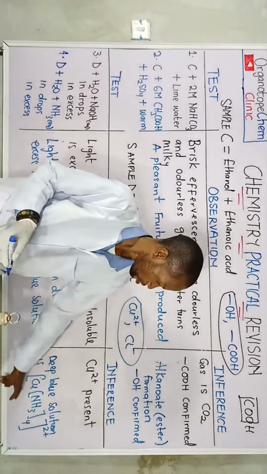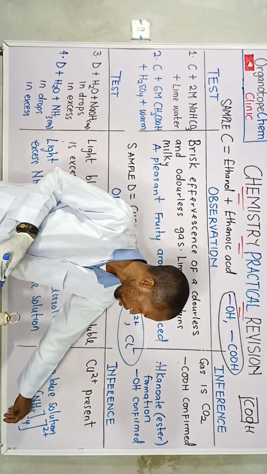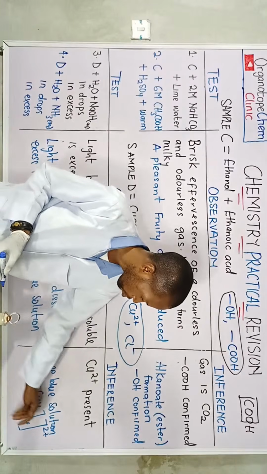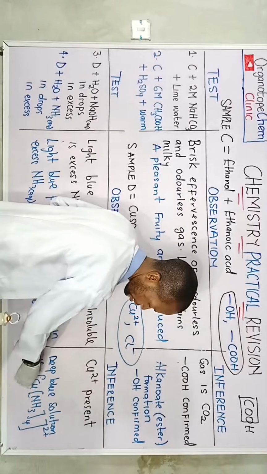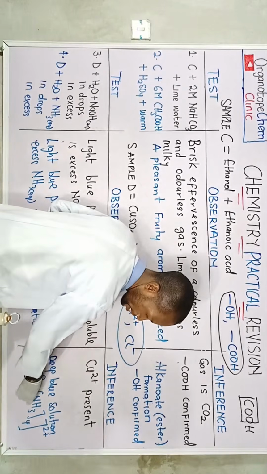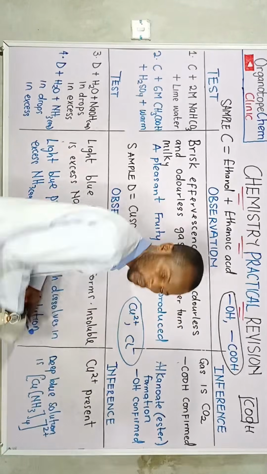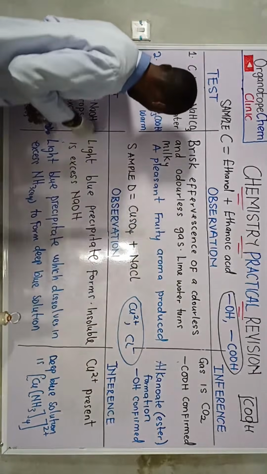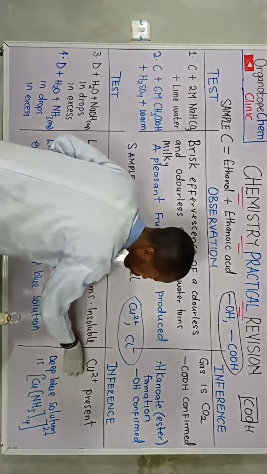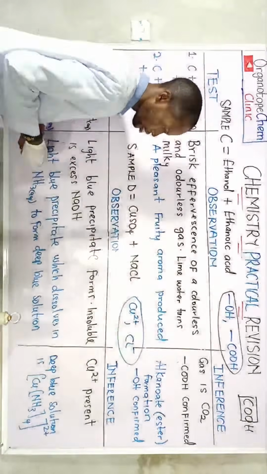Okay? We have a tetraamine copper 2 complex. Now, the complex right here is Cu(NH3)4 2 plus.